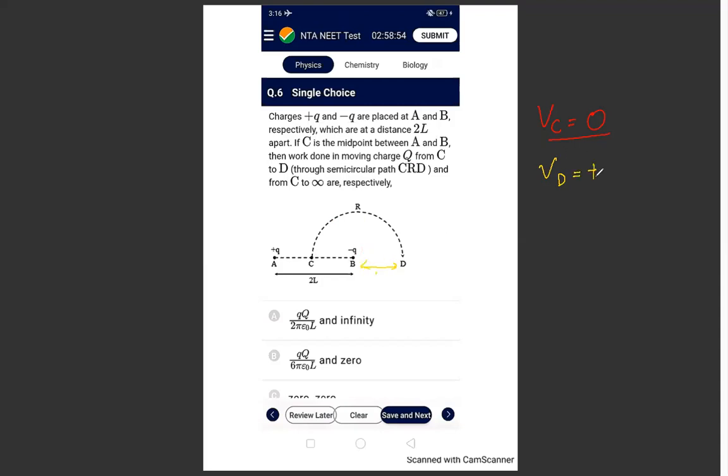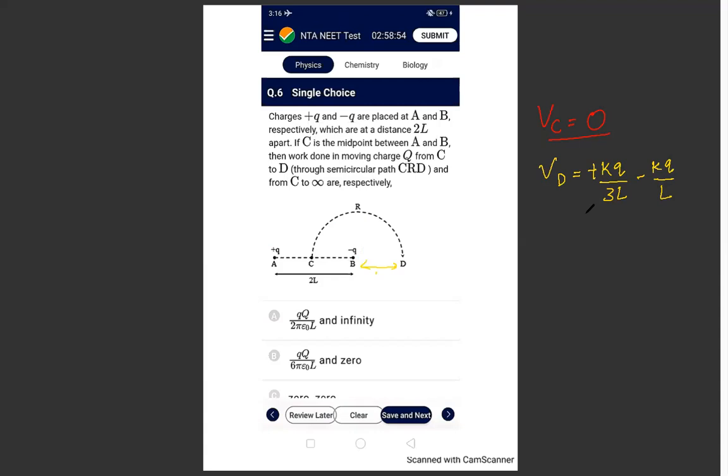So we can write plus KQ divided by 3L minus KQ divided by L, right? And we already know the potential of point C is equal to 0.